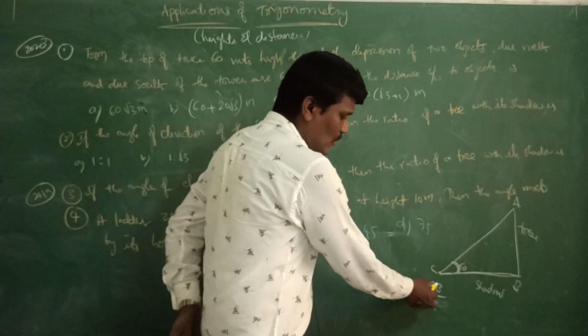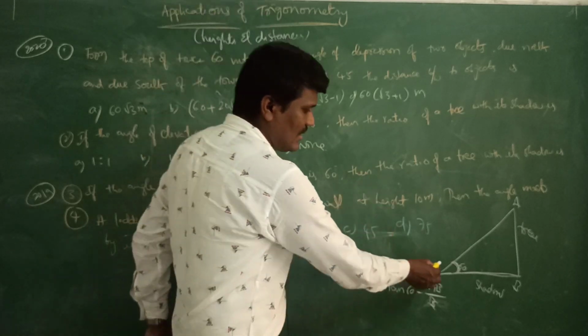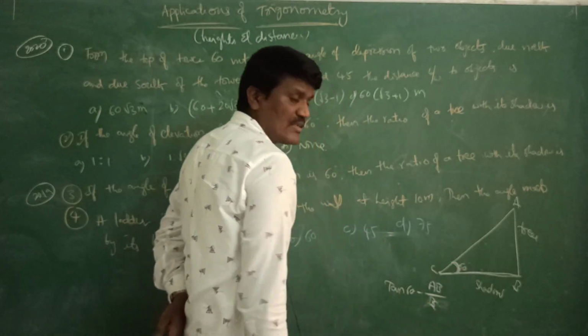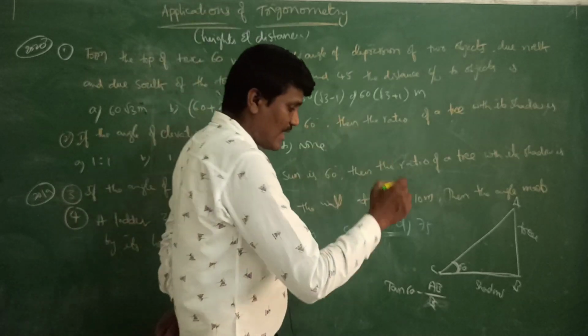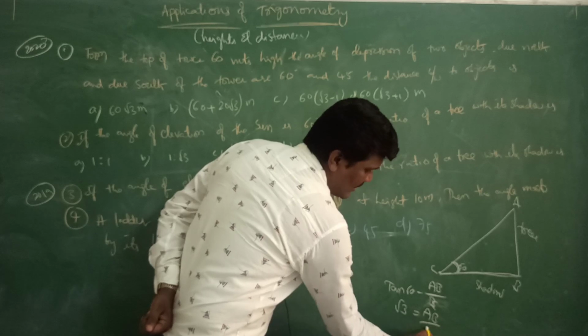So tan 60 is equal to AB by BC. The angle is 60 degrees, and the tan 60 value is root 3, equal to AB by BC.